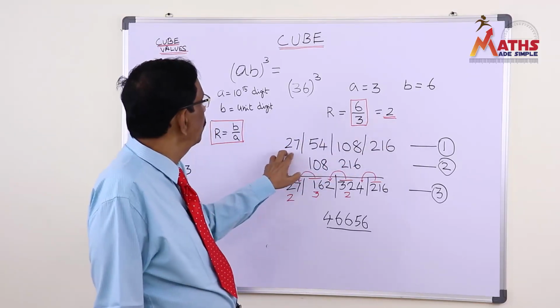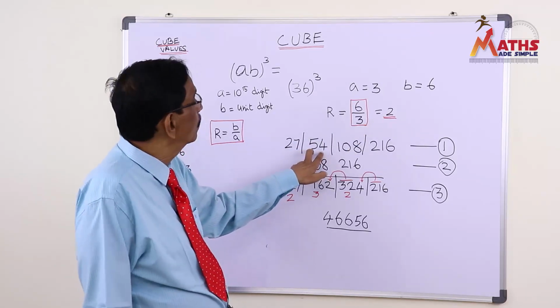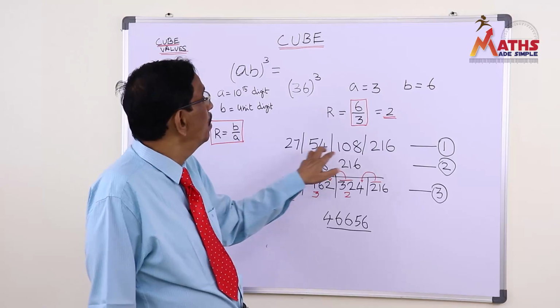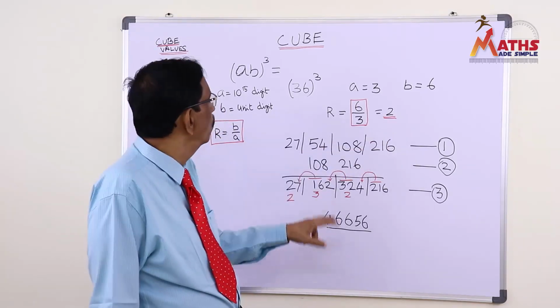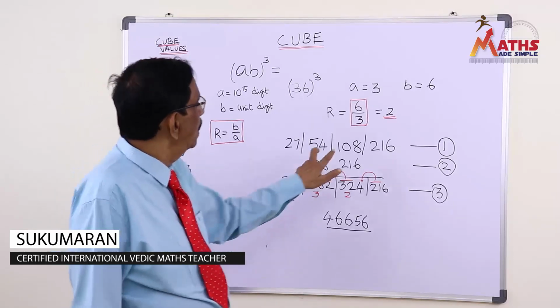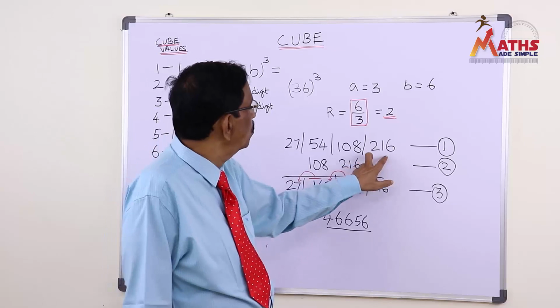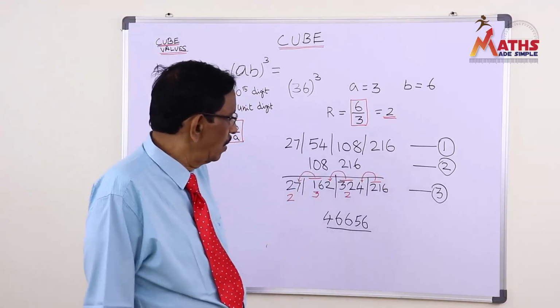When I multiply 27 into 2, 54 will become the second digit. Then the second digit will be multiplied again by ratio 2. It becomes the third digit, 108. Then the third digit again multiplied by ratio becomes the fourth digit, 216.